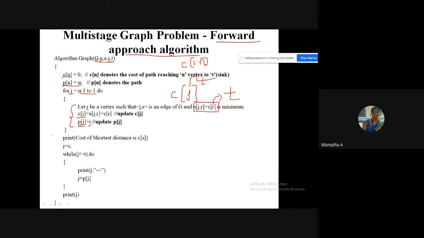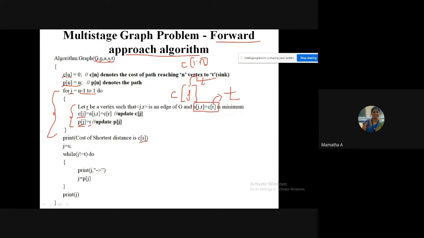So I'll have to repeat this process for every J ranging from n minus 1 to 1. And once I've done all these iterations, the cost of the distance, that is your shortest path from source to the sink, will be present in C of S. What is the C of S?